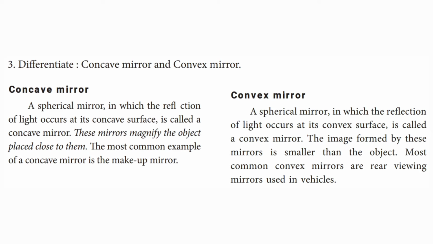Convex mirror. A spherical mirror in which the reflection of light occurs at its convex surface is called a convex mirror. The image formed by this mirror is smaller than the object. Most common convex mirrors are rear view mirrors used in vehicles.